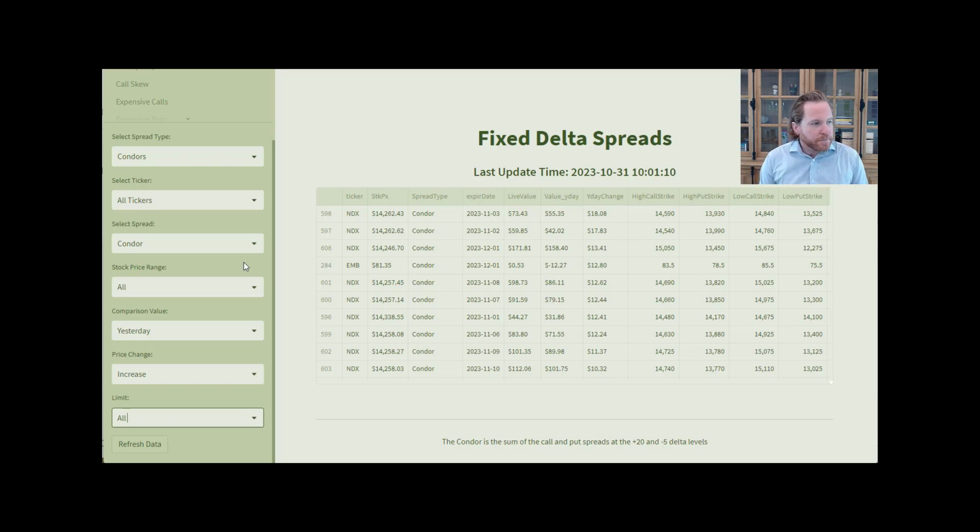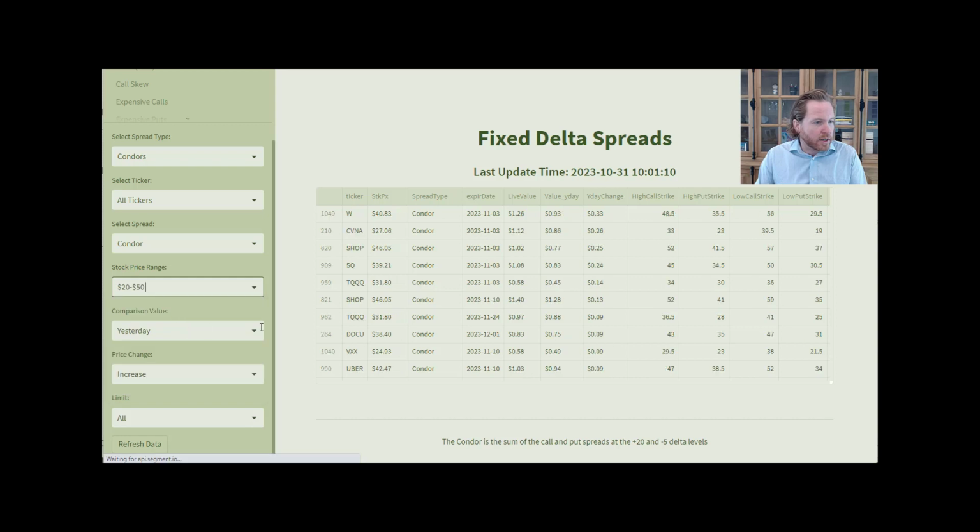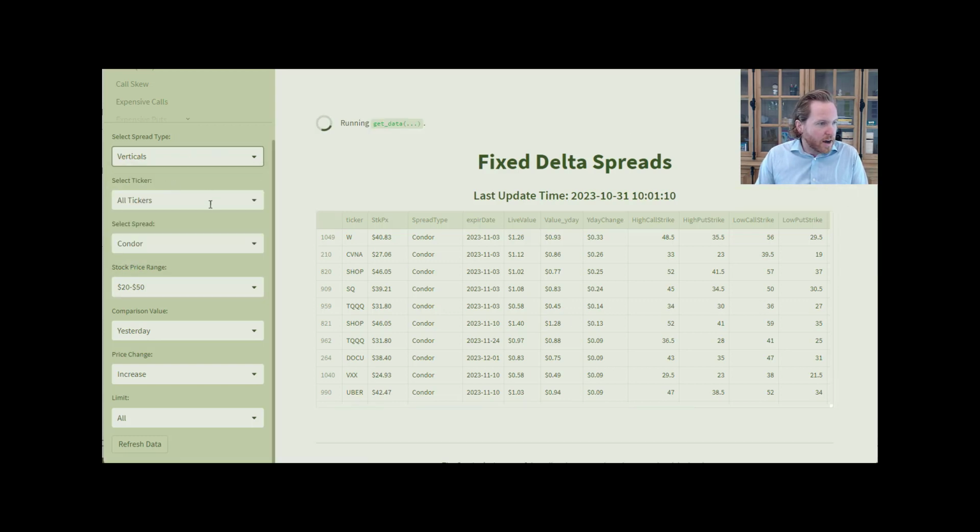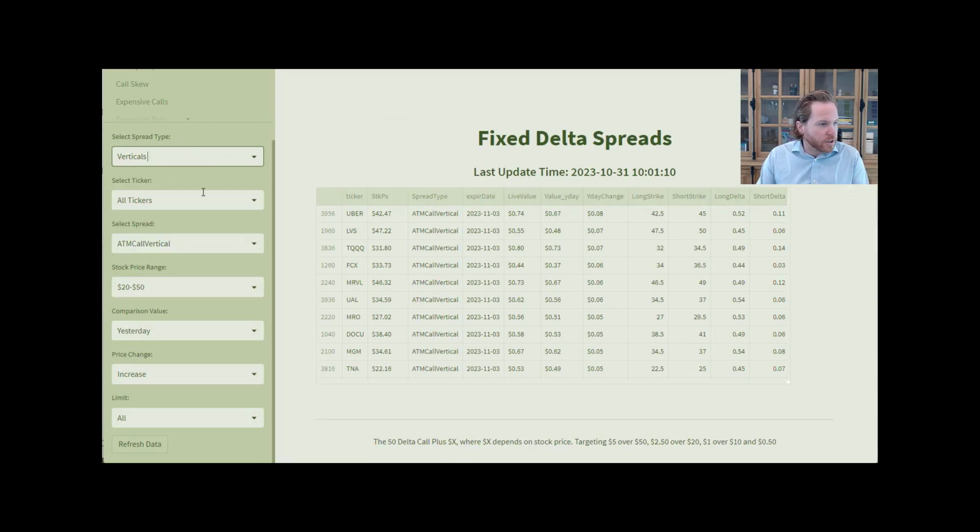You can also look at it with the approach of, hey, what's really moving today? I need to see what activity in the market is driving some of the biggest price changes. And I want to look at all tickers. I want to look at 20 to 50 bucks. I think that's a sweet spot, and see some of these biggest changes in condors, in out of the money verticals.